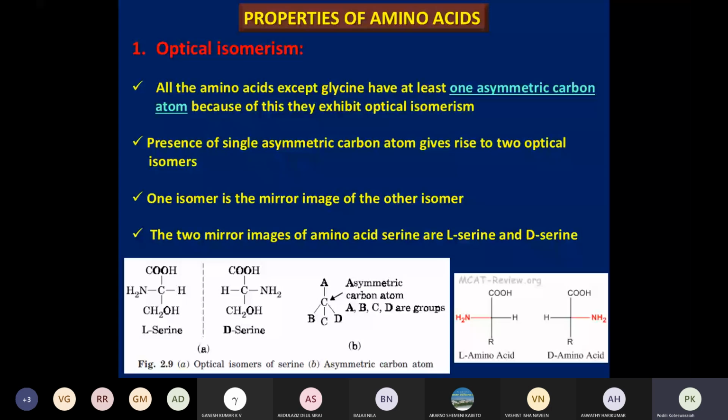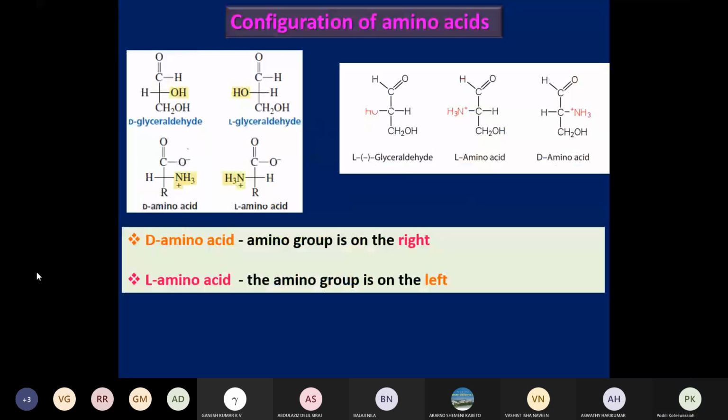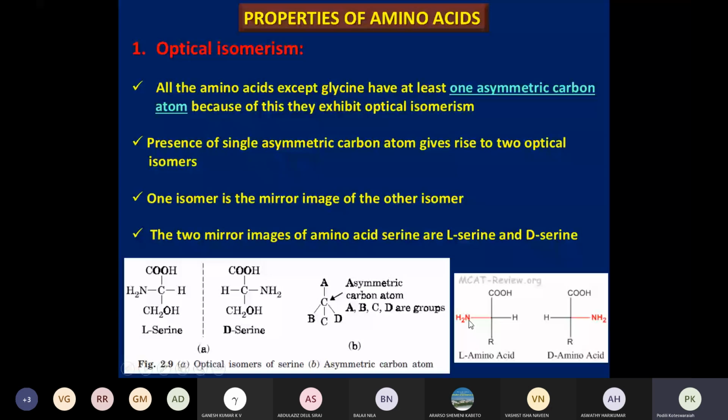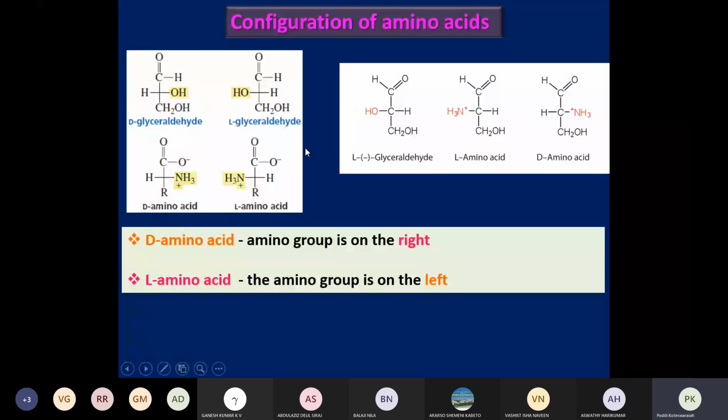In all these amino acids, you can see here, if the amino group is present on the left side, then it is the L amino acid. If it is present on the right side, then it is the D amino acid. You can also see here, only L amino acids are naturally present in the proteins, but not D amino acids.